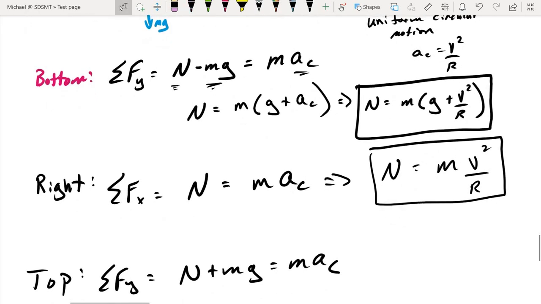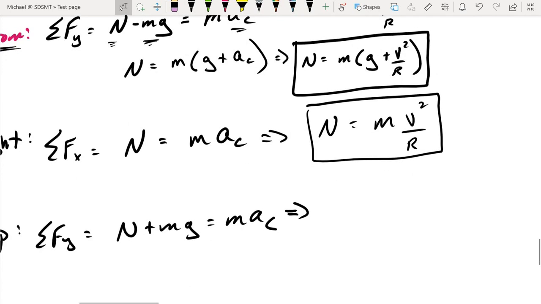So it's similar to the equation that we had for the bottom, but there's a difference in the sign notation. And that difference in the sign notation is going to affect how the normal force is represented. Now, instead of having mg plus v squared over r, we have v squared over r minus g.